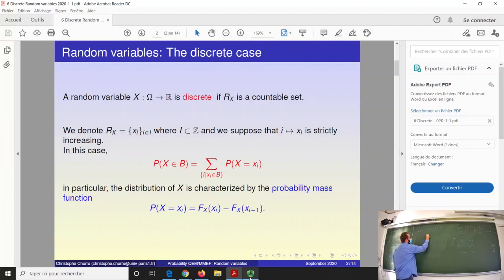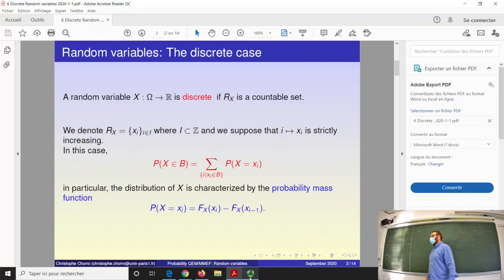Of the set of the ω such that X(ω) is equal to xi, but for the xi that are in B. So the set of the i such that xi belongs to B. Okay? To say that I belong to a set just means that I take the value of one particular element of this set. It's exactly what I have written here. To belong to means that I am equal to something that is in B.